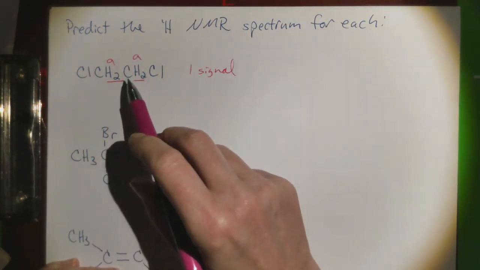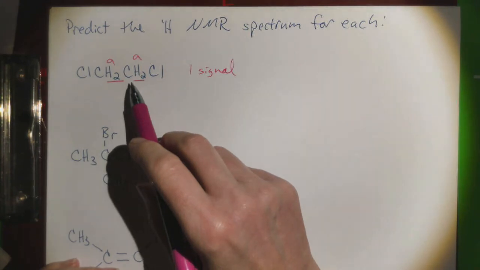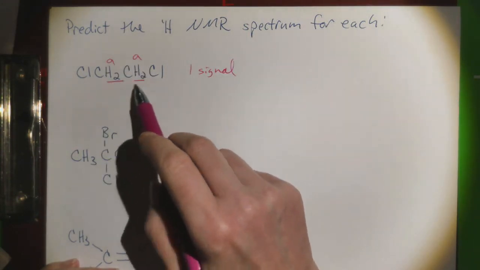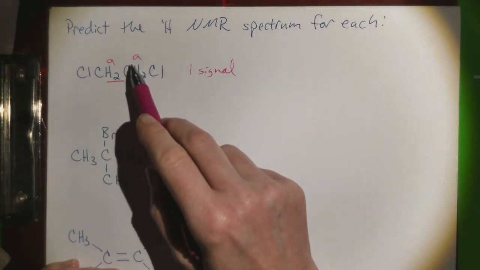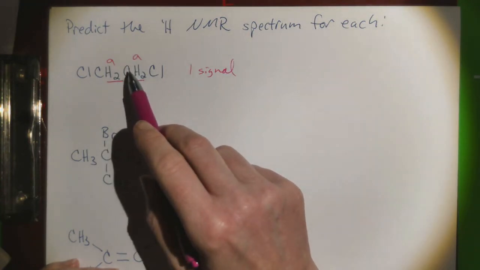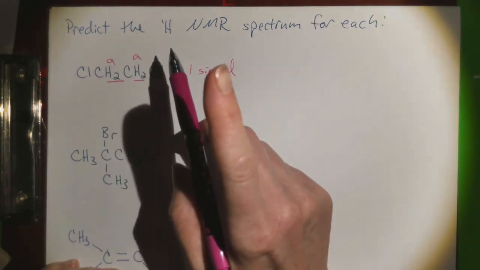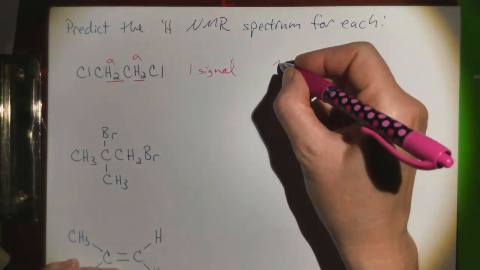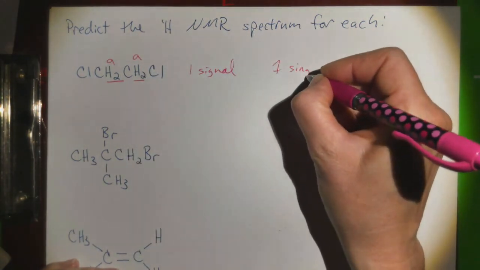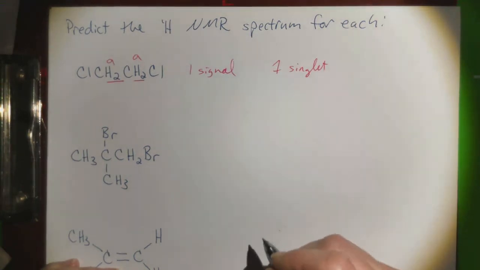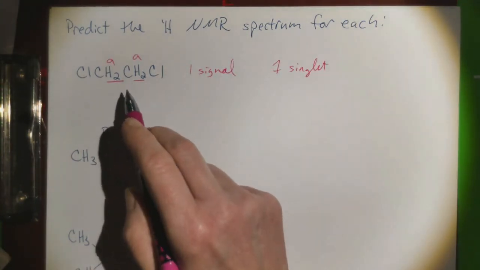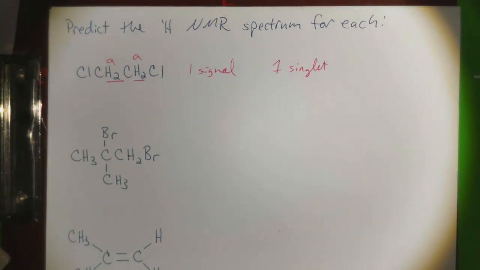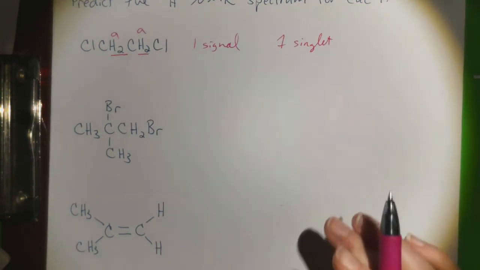Remember, for splitting to occur, the splitting has to be on non-equivalent protons. These are all equivalent, so this means that there's no splitting. So you have just one singlet, in the range of your alkyl chloride. Let's look at the next example.